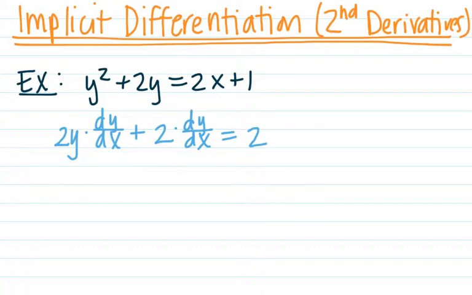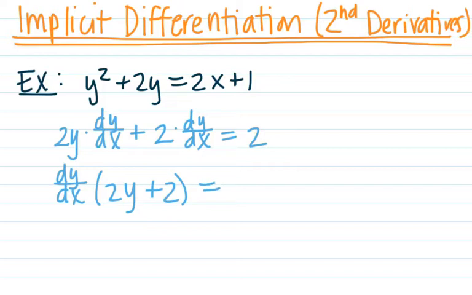So now we can do the part where we take the dy over dx and factor it out front. That's going to give us 2y plus 2 in parentheses, and we simply divide by that parentheses to get a fraction.